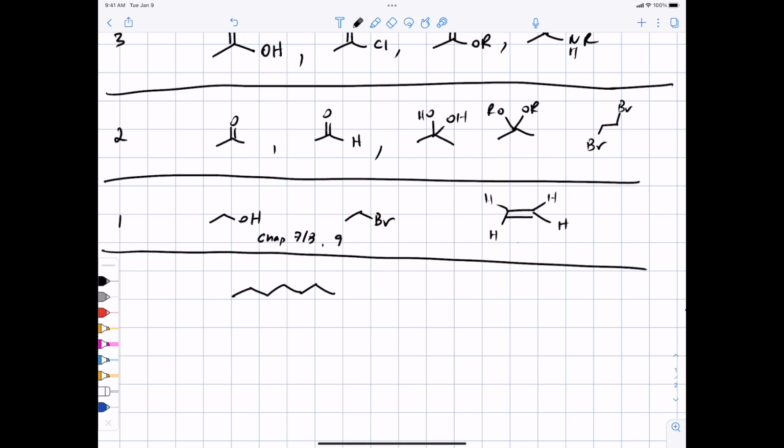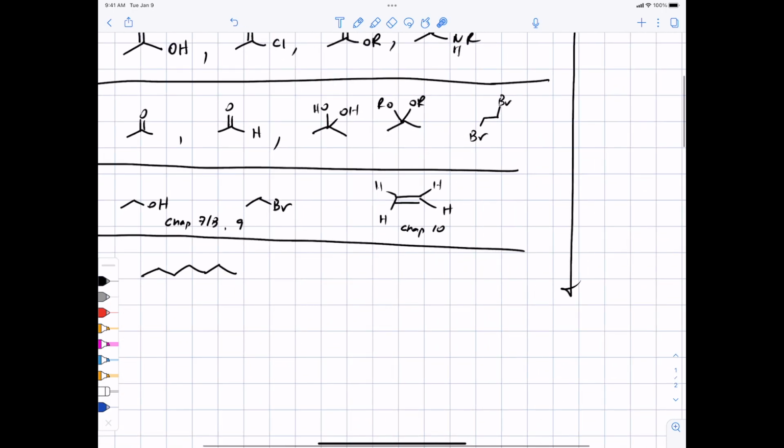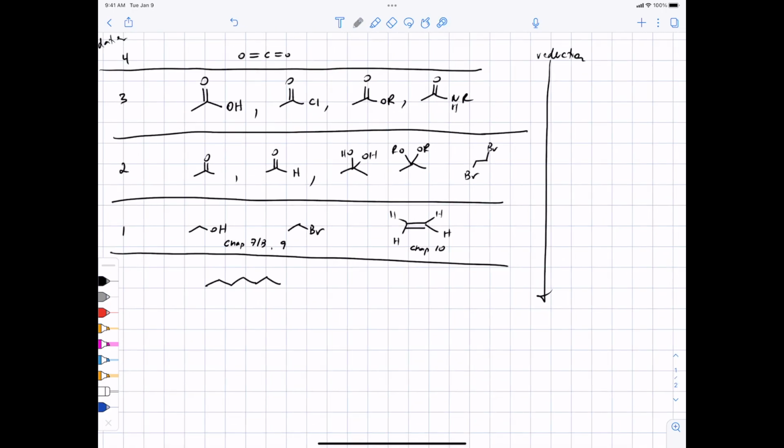Then we had some chemistry with addition reactions to alkenes or olefins, and most of those reactions converted olefins back into stuff like this. So what you've seen so far has all been in this level, with one exception, and that is that the halogenation reaction, though we didn't talk about it at the time, was an oxidation reaction.